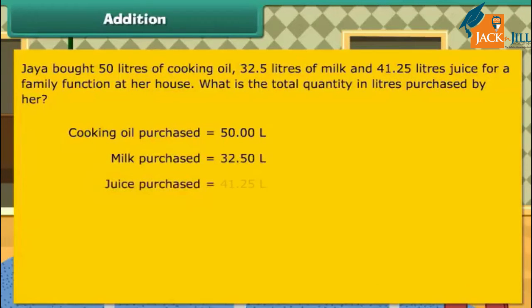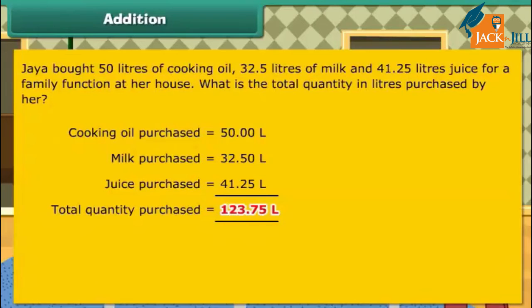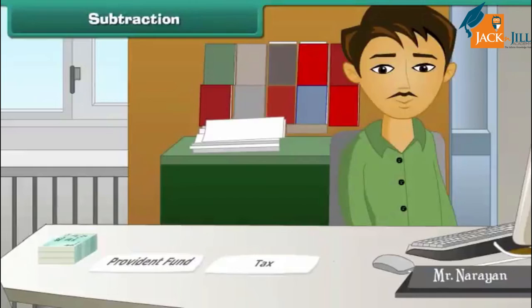Juice purchased is 41.25 liters. We add the three to get the total quantity purchased as 123.75 liters. Jaya purchased a total quantity of 123.75 liters.